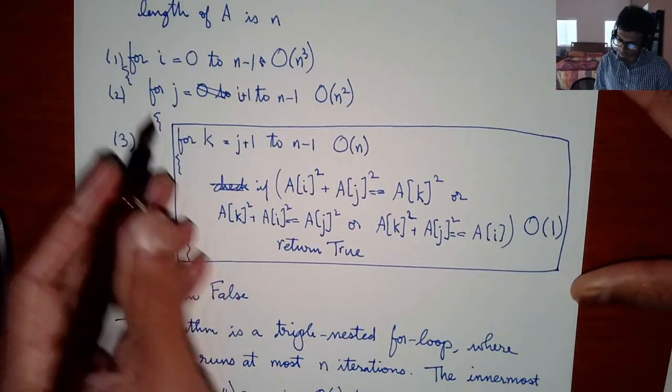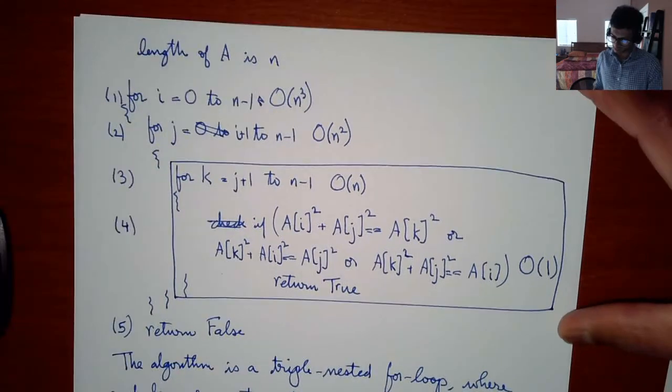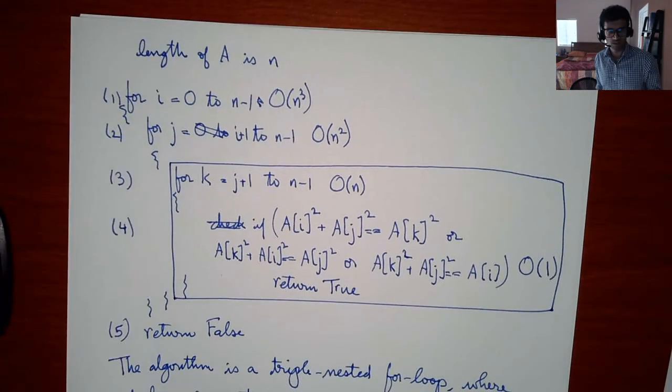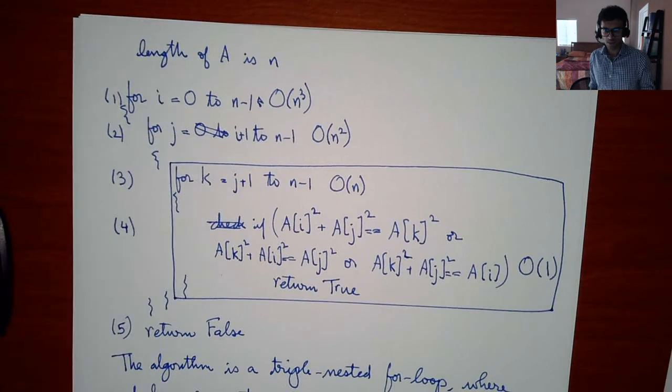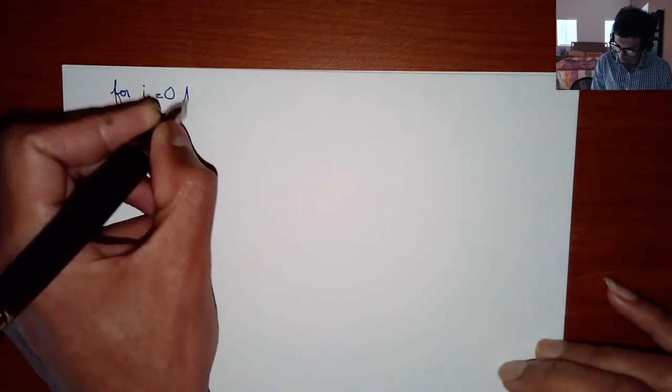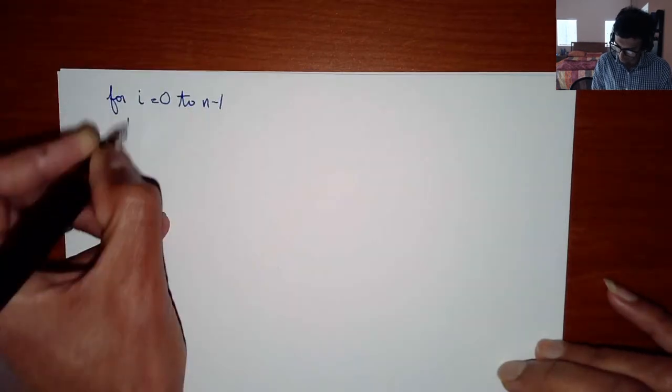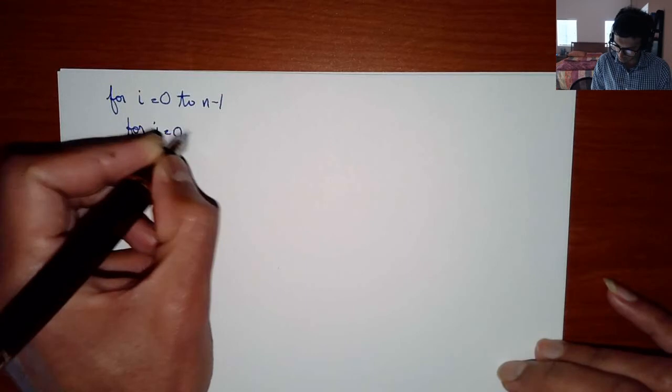So now let's go back to this logic. I'm going to write down this logic in a slightly different way, just so that it's simpler, and I want to have this on another page. Again, ignoring corner cases. When you write pseudocode, you don't have to worry about the corner cases because you're just getting the overall logic. When you code, of course, you have to handle the corner cases. At this level of granularity, let's say for i going from 0 to n minus 1, and for j going from 0 to n minus 1.